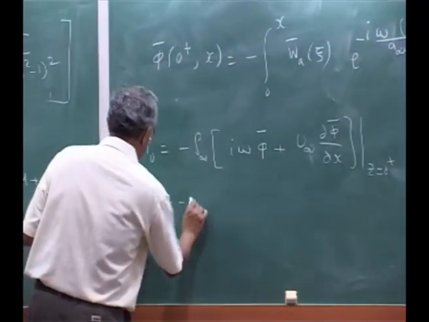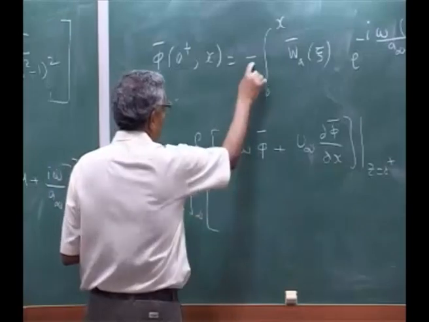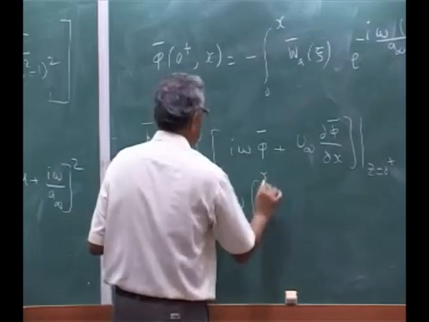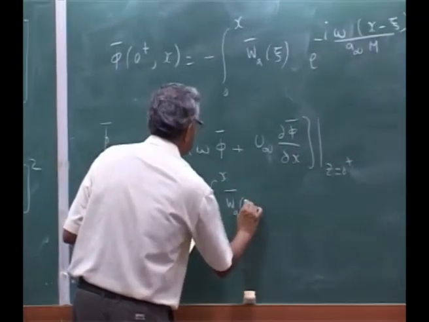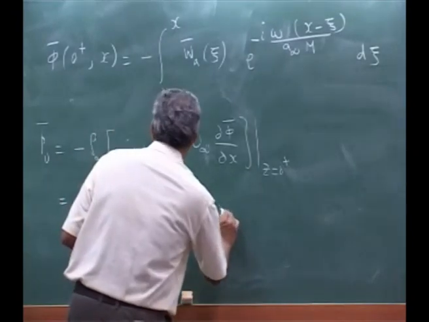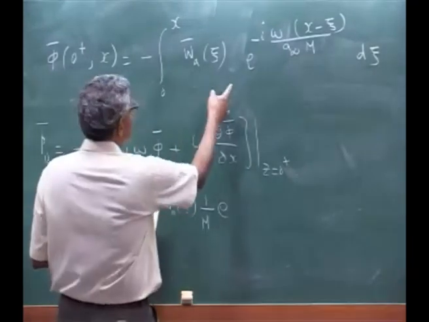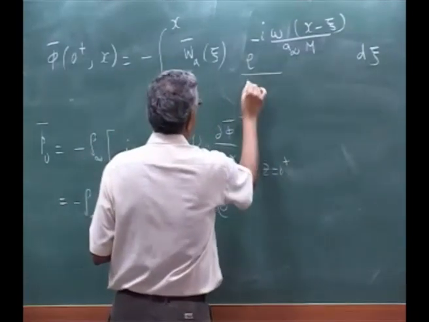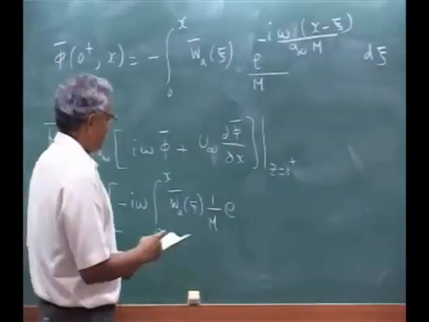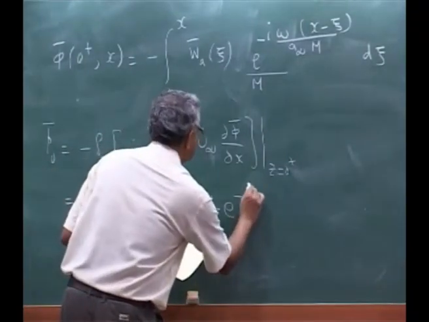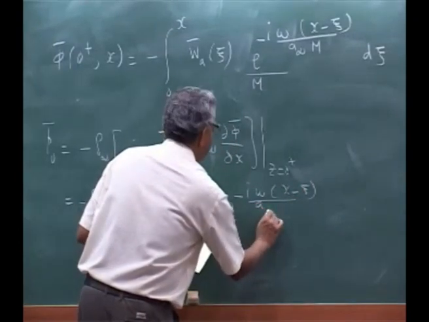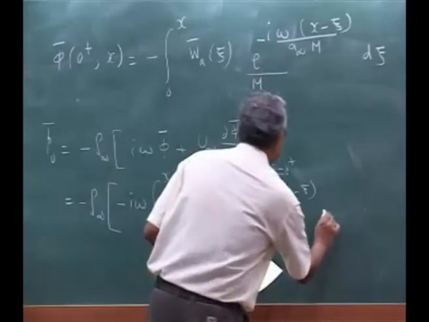I'll just write that: minus rho infinity i omega, this will be minus i omega integral 0 to x w bar a psi, 1 over m e power minus i omega x minus psi over a infinity m d psi. Laplace inverse gets 1 over m in the denominator.